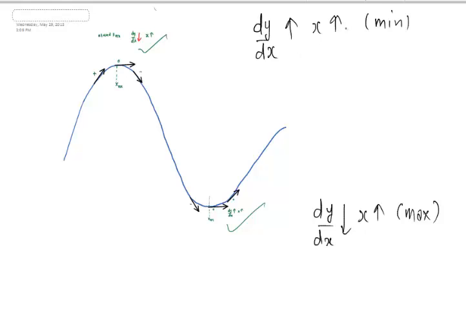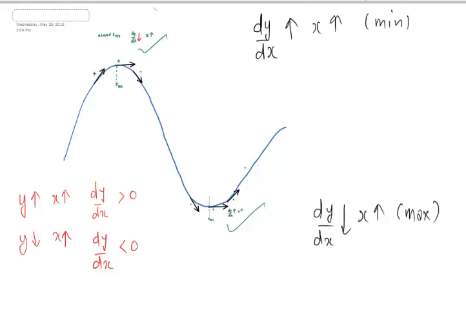If y increases with x, we say dy by dx is positive. So here, you can write the analogy. Y increases with x, then we write dy by dx is greater than 0. When y decreases with x, we write dy by dx less than 0.